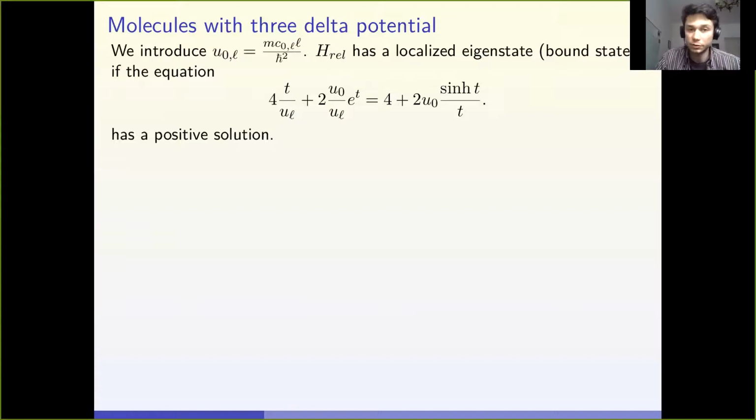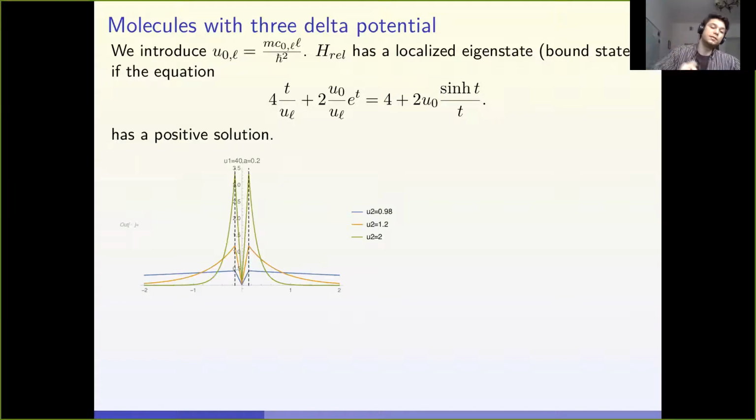So if we apply this analysis to the finite-range delta potential, so we just look for an eigenstate of the relative Hamiltonian, then we can do that analytically. We may formulate an equation and say that the relative Hamiltonian has a localized eigenstate if a certain equation has a positive solution. And if it does, then you may plot the corresponding relative wave functions. And what you see is that these wave functions have a node at relative distance equal to 0.